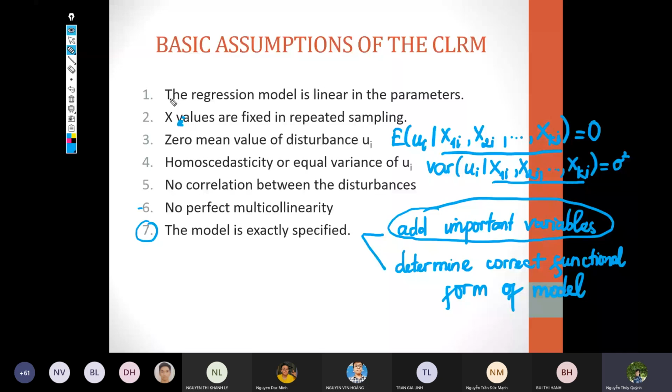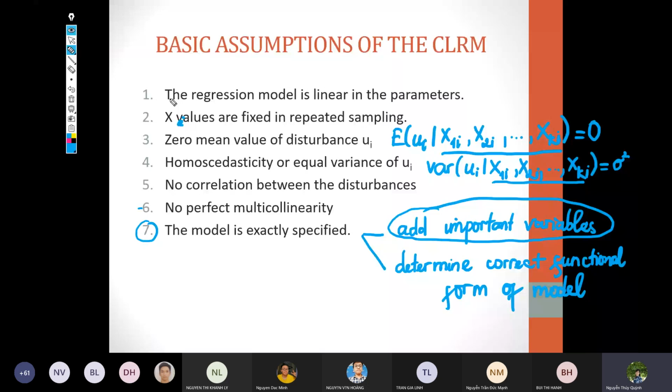Are they still the best linear unbiased estimators? Is your answer still yes? Actually, no.